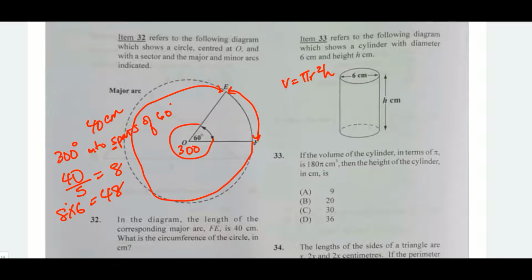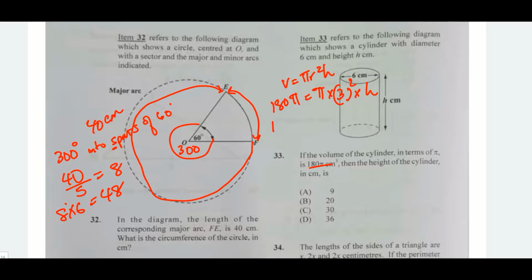And it's told us that the volume is what? 180 pi centimeters cube, so 180 pi, and then we have pi. Our radius is going to be what? 3, so times 3 square, and the height is h. So we want to find the height.